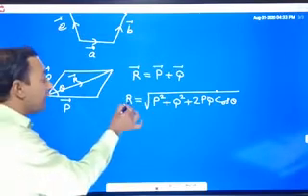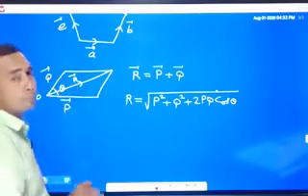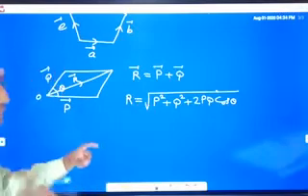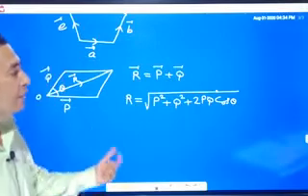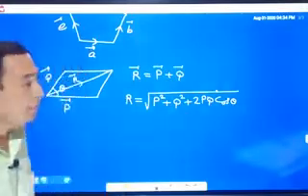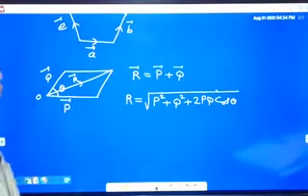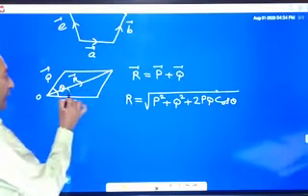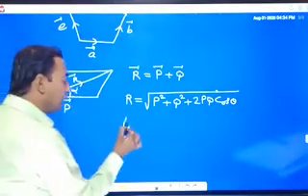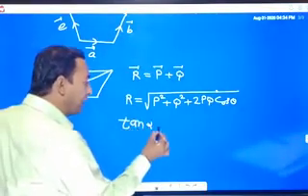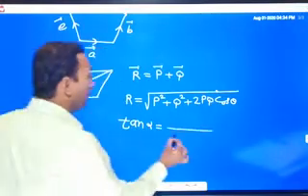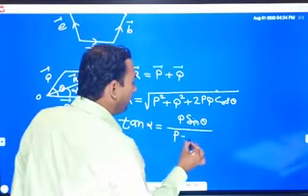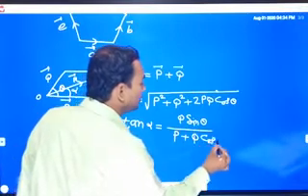R is the magnitude of the resultant of P and Q, P is the magnitude of the first vector, Q is the magnitude of the second vector, and theta is the angle between P and Q. For the direction of R, the angle alpha from P, we also prove that tan alpha equals Q sin theta divided by P plus Q cos theta.